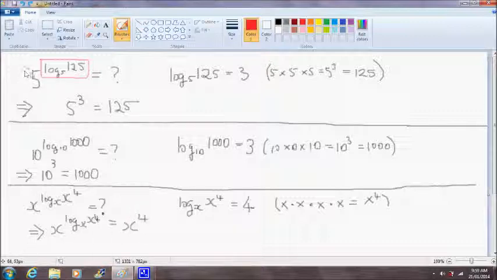So I see a pattern where the 5 and the log 5 actually cancel each other out, and our answer remains within the log itself. Again, our base of 10 and the log of base 10 cancel out, and the solution we require lies inside of the log.